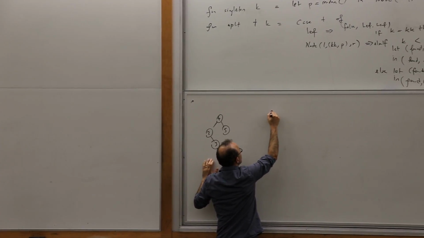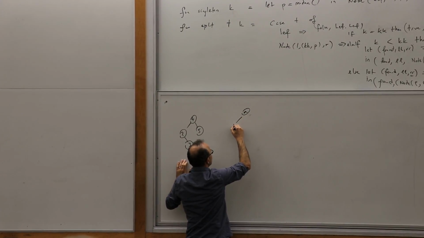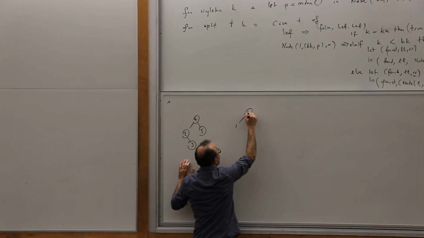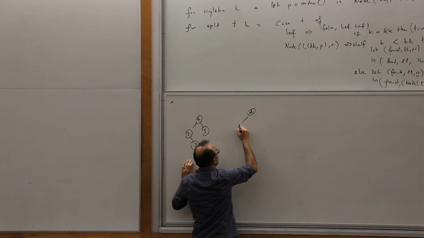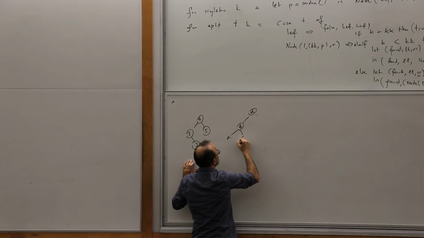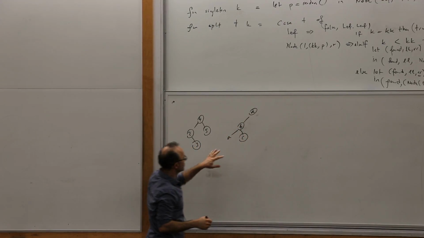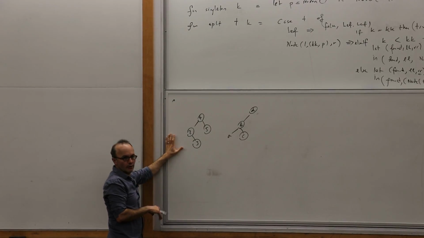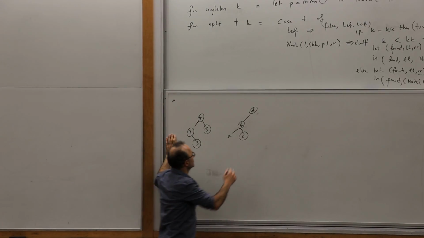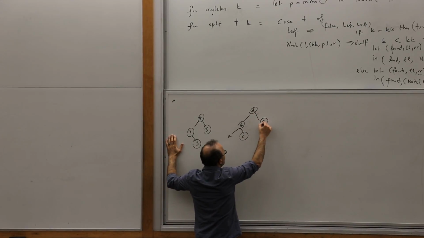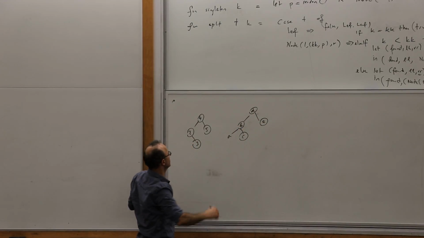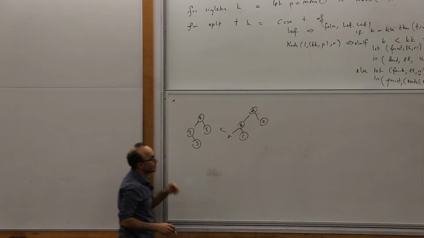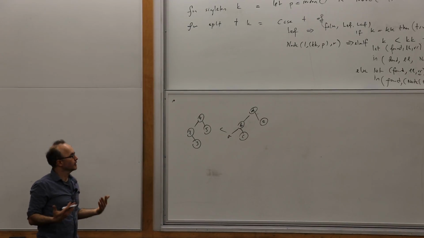So I'm going to use letters for succinctness. Let's say we have D, B, A, C, and you assume that all the letters are greater than all the numbers. And then let's say E here. Internally they are ordered. So suppose we're given these two. Now we need to join them.